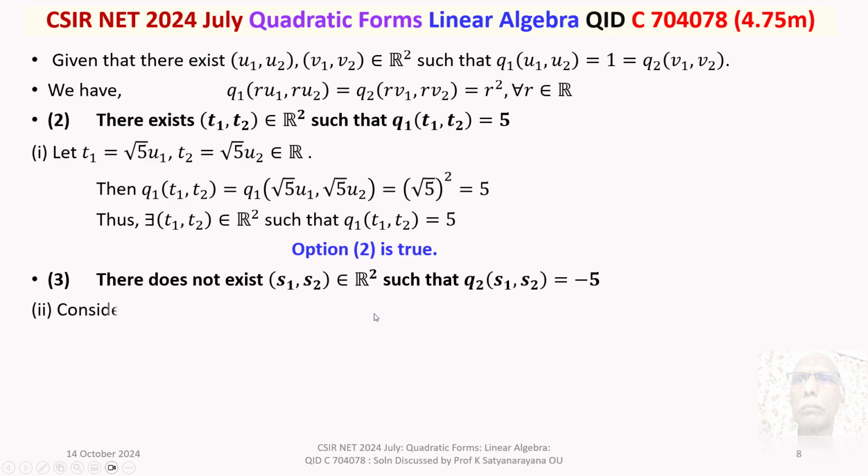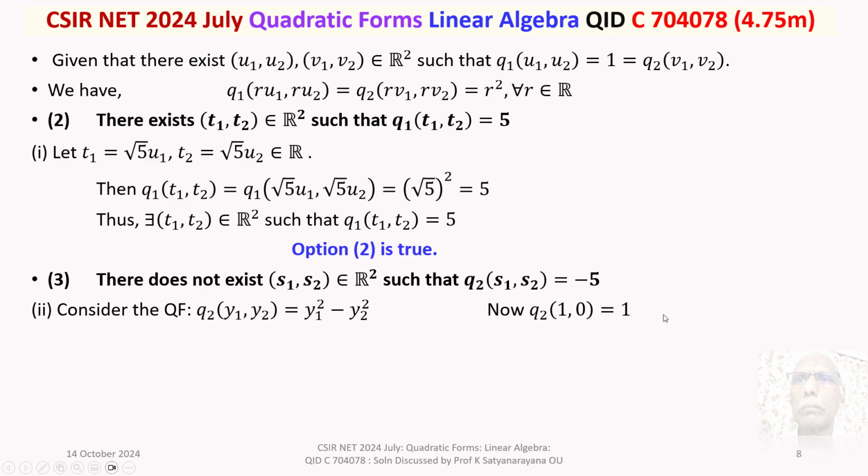So for that, consider the quadratic form Q2 of y1 comma y2 is equal to y1 square minus y2 square. Q2 of 1 comma 0 is 1. Yes, there exists an ordered pair v1 v2 such that Q2 of v1 v2 is equal to 1.